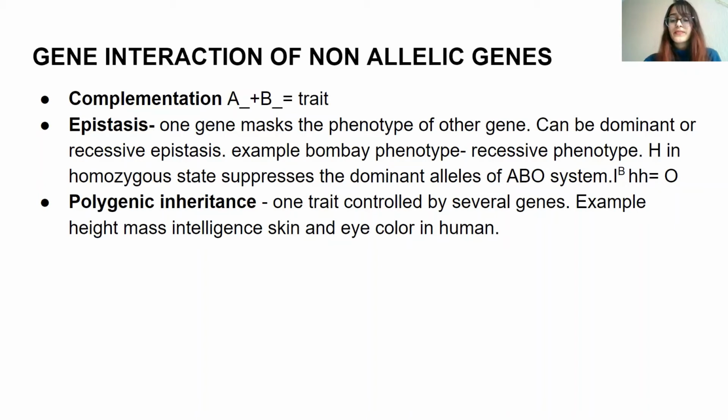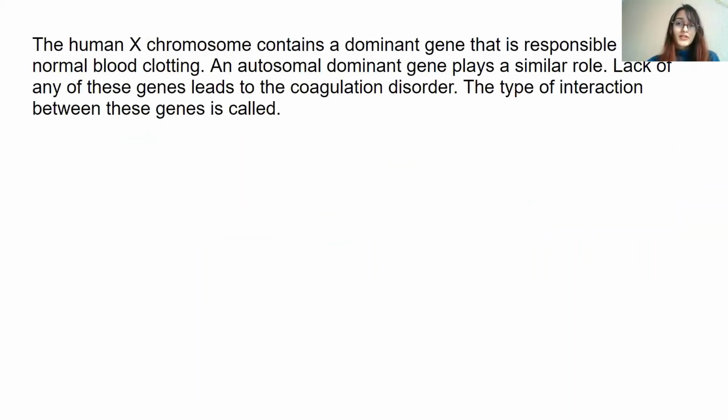So moving on to the question, they are saying that on the X chromosome there's a dominant gene that is responsible for normal blood clotting, and there's another gene that is present on autosomes, and it plays a similar role. However, if any one of these genes is absent, it leads to a coagulation disorder.